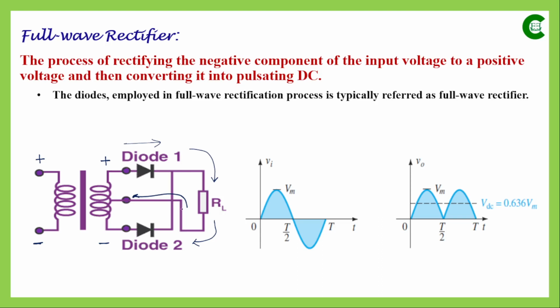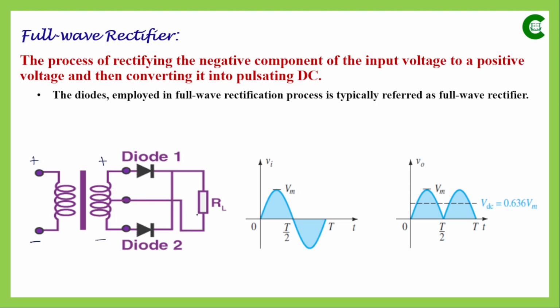Now as I said, the voltage drop across a PN junction diode is very negligible compared to other voltages in this rectifier circuit. So the input voltage that we are getting here will be dropped across this load resistor, and that's why the peak value has been shown by Vm.